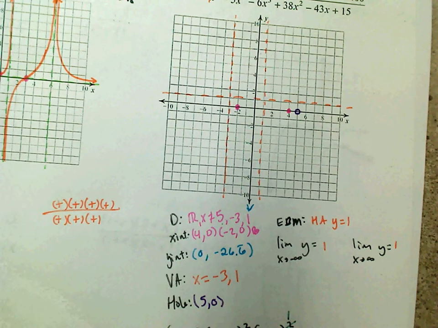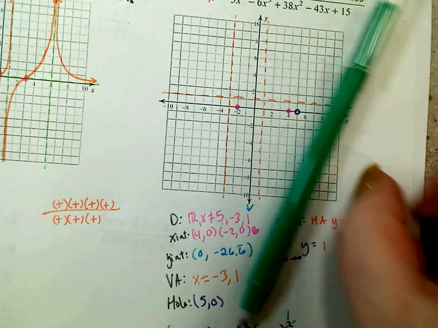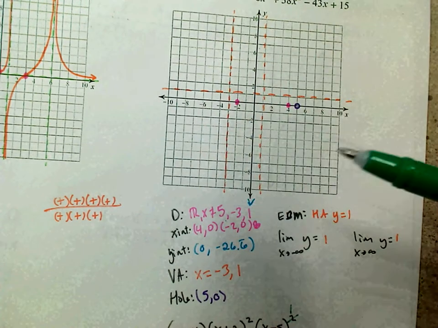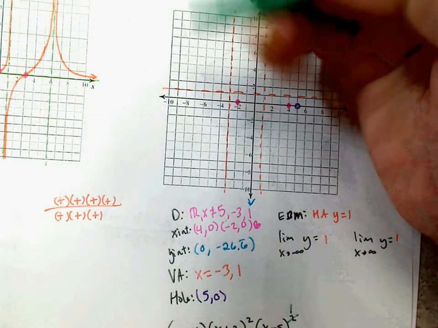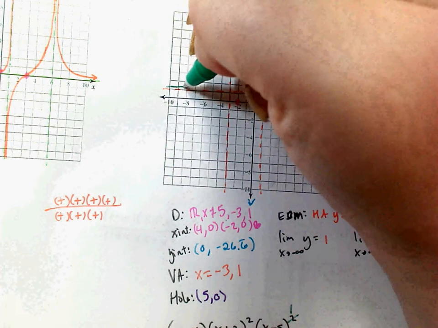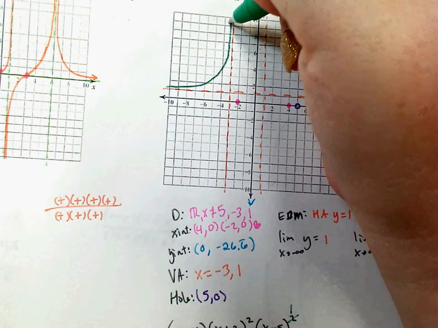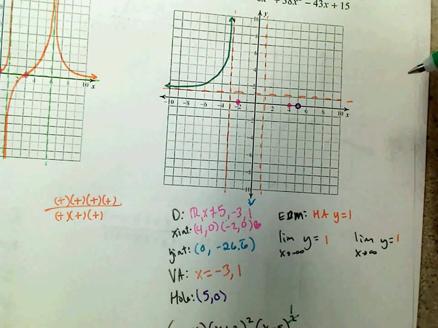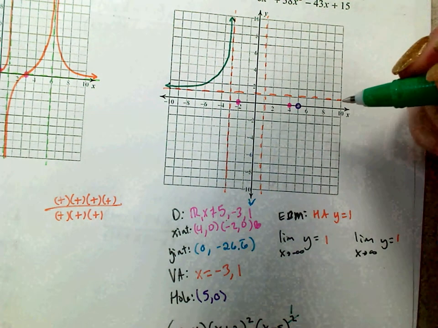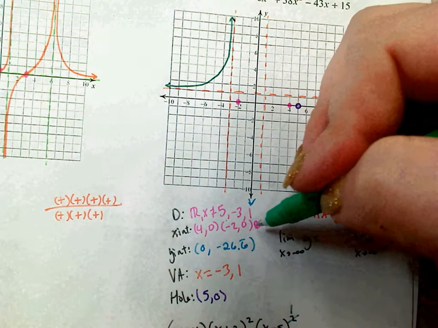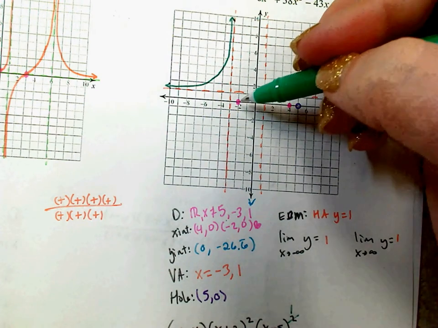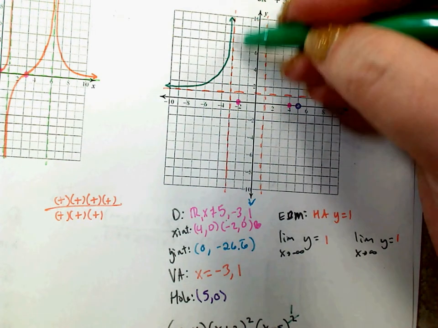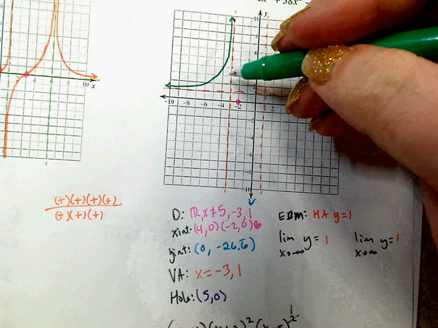So here's what I know. I know that I don't have an x-intercept over here, which means I probably am up here. Just kind of speculating, but I think that's where I'm at. Okay, where was the one I bounced at? I bounced at negative 2. Okay, interesting. So this is an odd multiplicity with this vertical asymptote at negative 3, just a multiplicity of 1, which means if I'm up here, I've got to start down here.